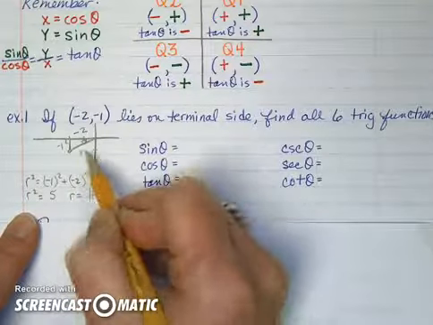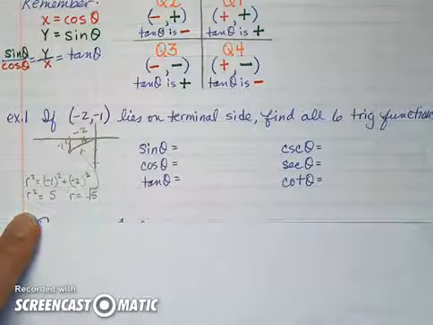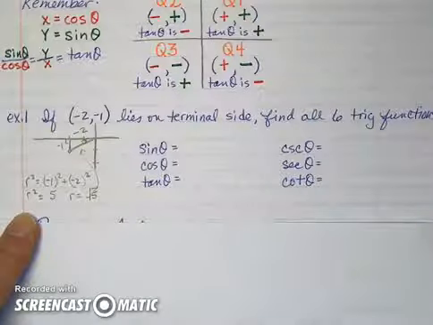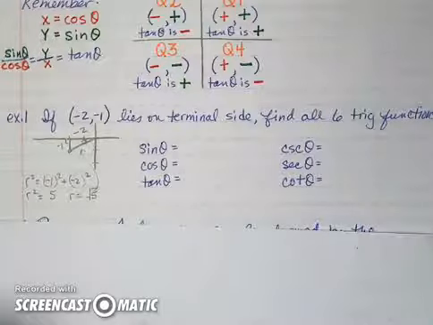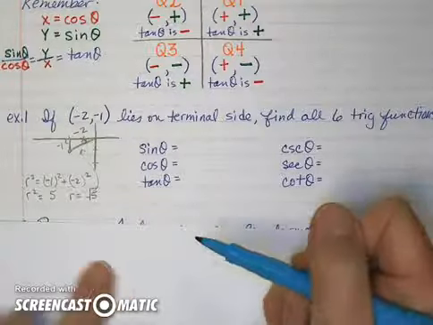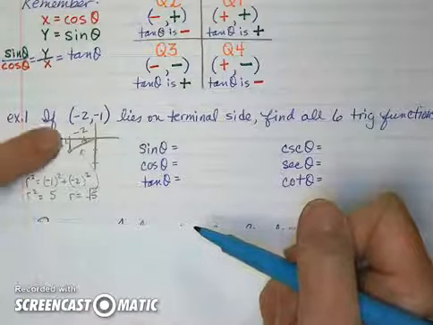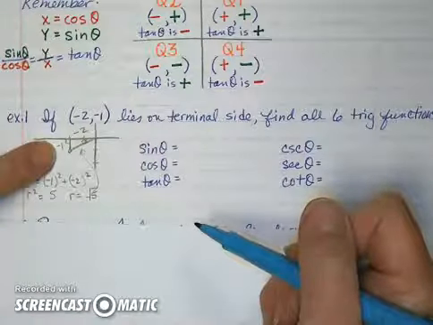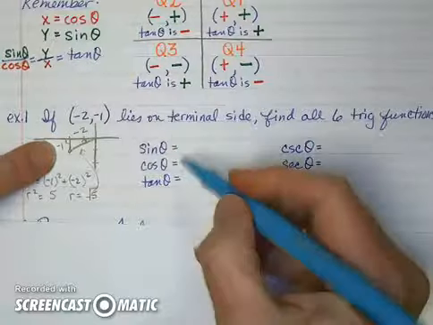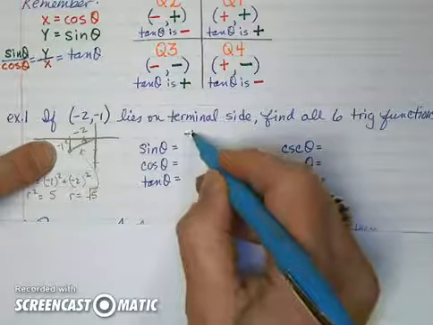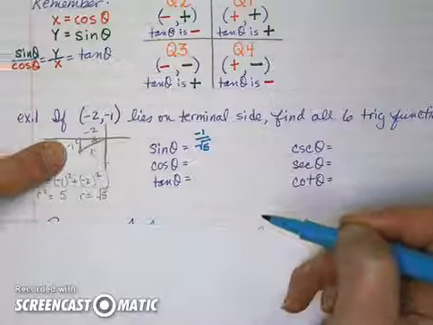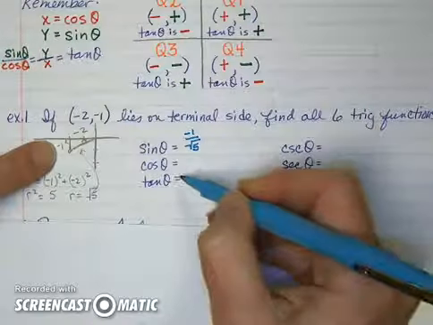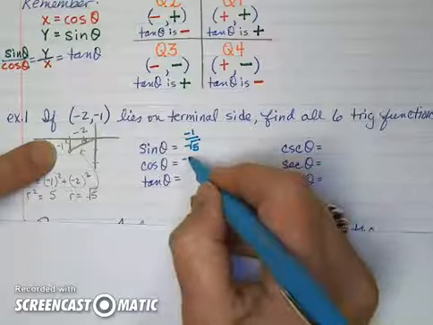Square root of 5 is r. Now you can get all 6 functions. Let's write those in. Sine would be the y over the r, so this would be -1 over square root of 5. Yes, I know I need to rationalize it. I'll do that in a minute. Cosine would be -2 over the square root of 5.